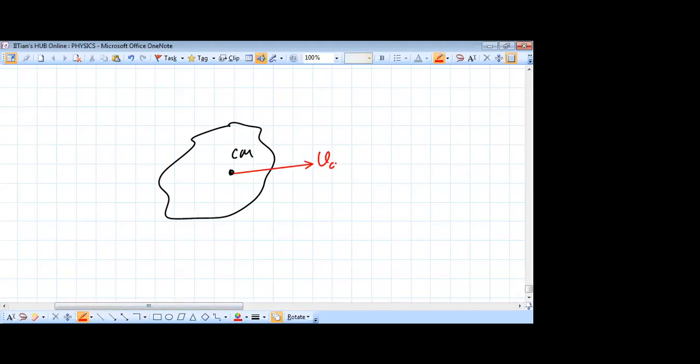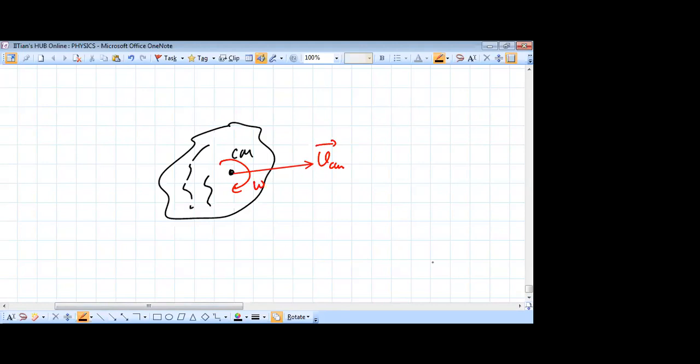But even when it's a free rigid body, it always has an instantaneous axis such that, if this is the center of mass and it's traveling with an instantaneous velocity VCM, and about the center of mass, let us say there is an angular velocity omega, then we can always find a point which is the instantaneous axis. So first of all, let's see the definition of instantaneous axis. What will be the definition of instantaneous axis?